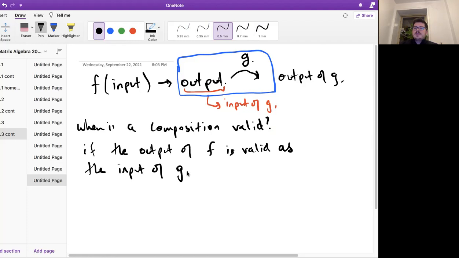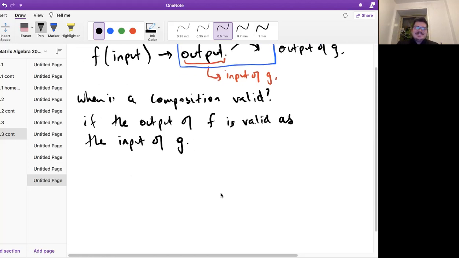Does that make sense? Suppose f outputs something that g cannot take as input, then you can't make a composition, right? Think of it like if f outputs colors and g only takes fruits, you can't do the composition because g has nothing to input, or the output does not align with the input.